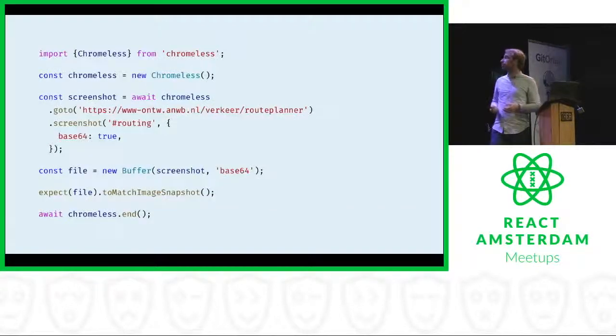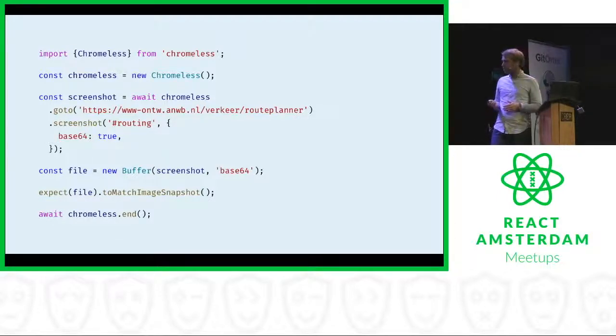And again, just like with regular snapshots, you can tell whether that was what you wanted or if it wasn't. And the last cool example of a tool to do visual testing is Chromeless. What Chromeless brings is a similar syntax. It's almost the syntax that's used in all other tools.